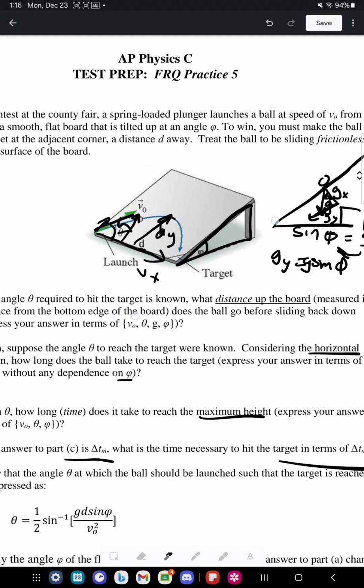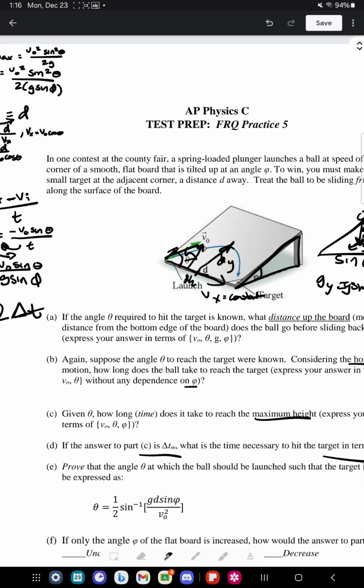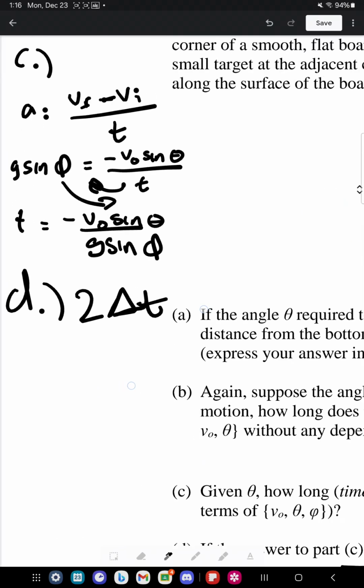The reason is that, as I said before, vx is constant, and therefore the h max, which is at d over 2, as this is a simple parabola and acceleration is constant, is half the time it takes to get here, so the total must be twice the time.